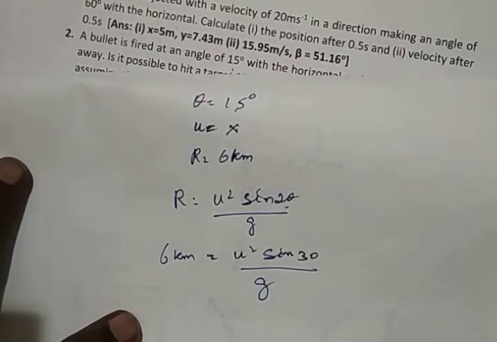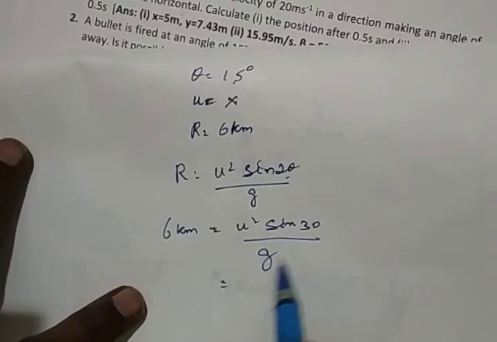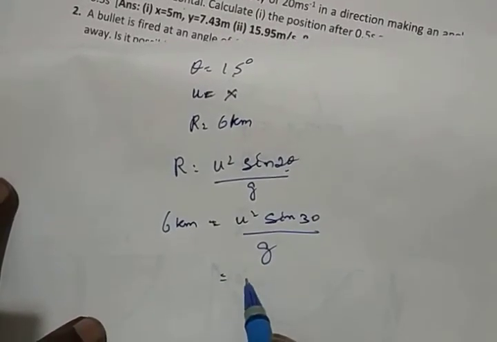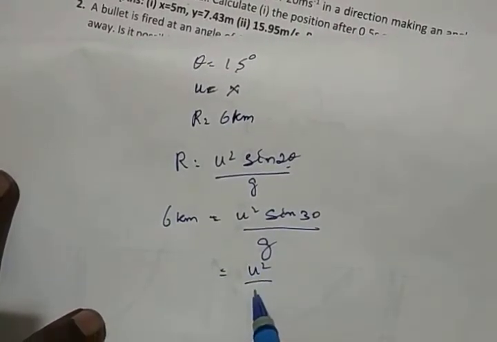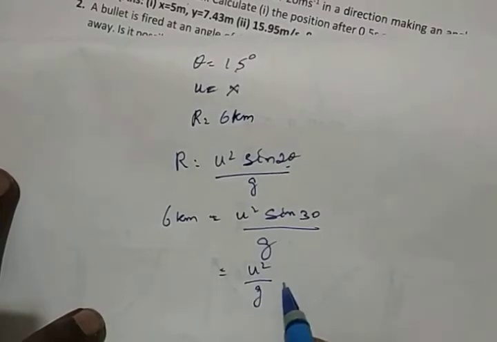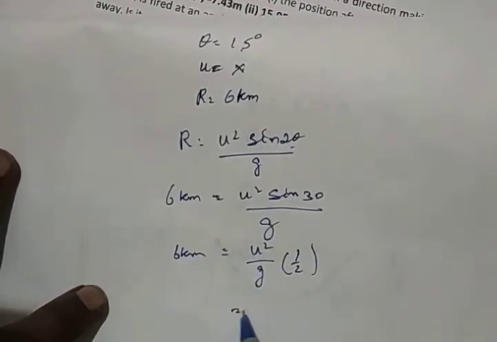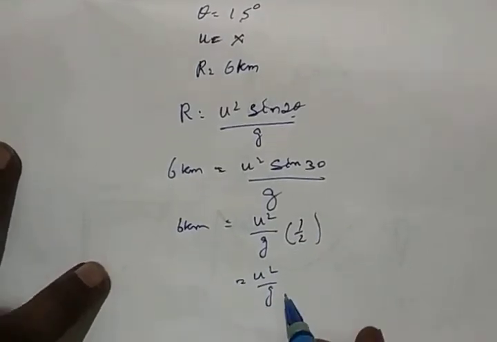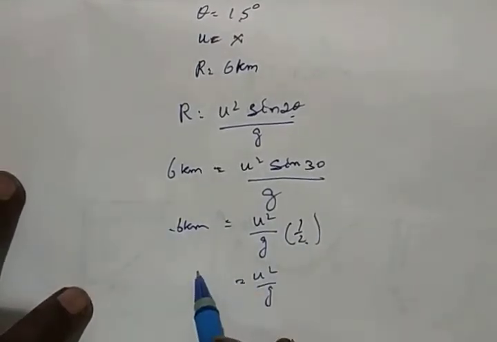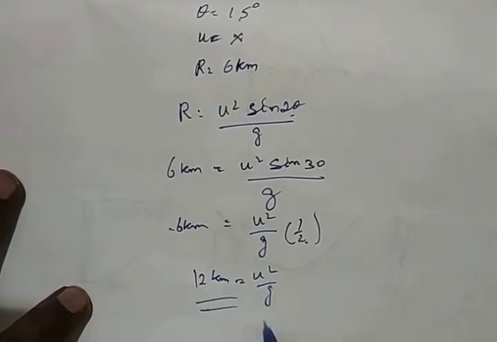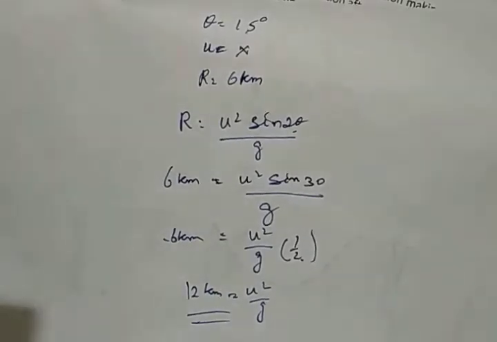What is sine 30? Sine 30 is 1 by 2. So it is u square upon g into 1 by 2 into 6 kilometers. So u square upon g is, what is that? It is going to be 12 kilometers. You got 12 kilometers here.